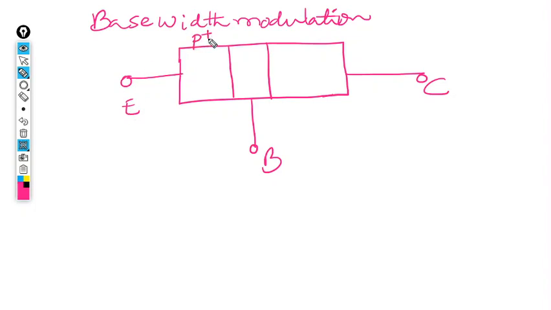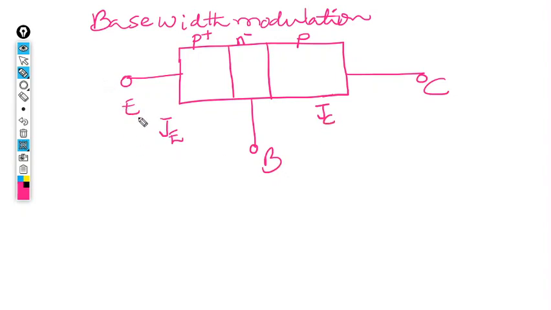The emitter is heavily doped P plus, the base is lightly doped N minus, and the collector is moderately doped P. Base is lightly doped, emitter is heavily doped, collector is moderately doped. The junction between emitter and base is known as the emitter junction, Je, and the junction between collector and base is known as the collector junction, Jc.